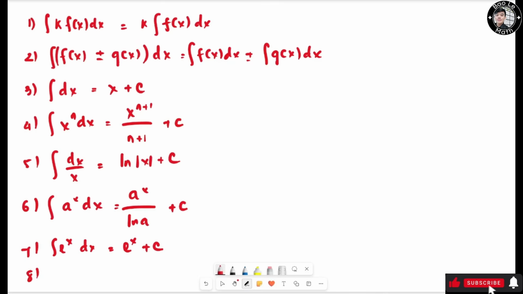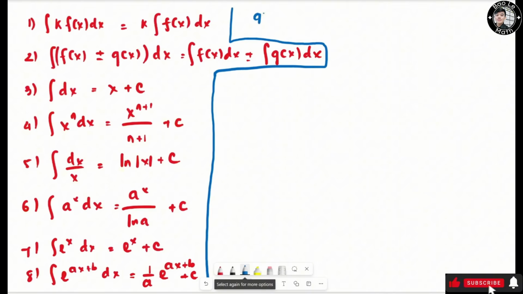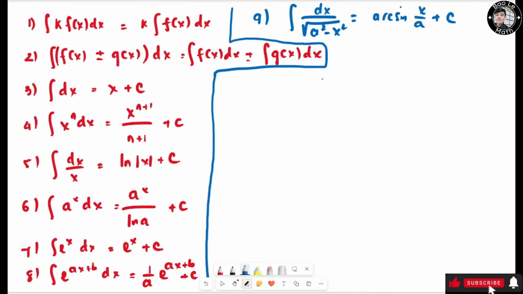Number 8, the antiderivative of e to the as plus b ds is 1 over a times e to the as plus b, plus c. Number 9, the antiderivative of ds over square root of a squared minus s squared equals arcsine of s over a plus c.